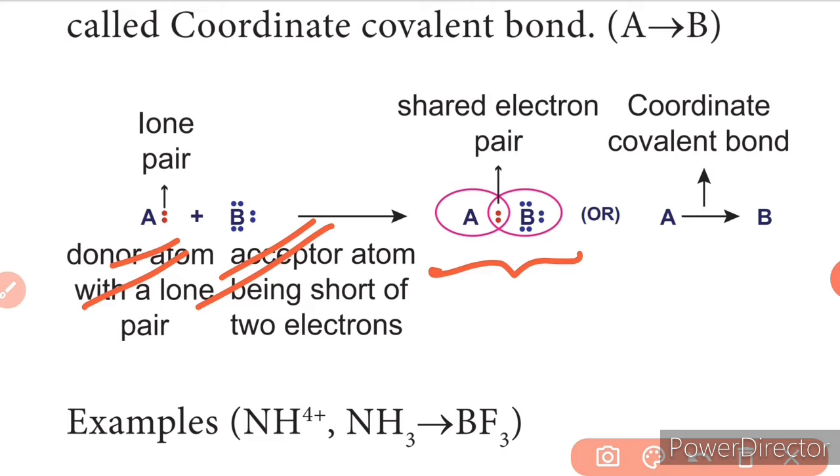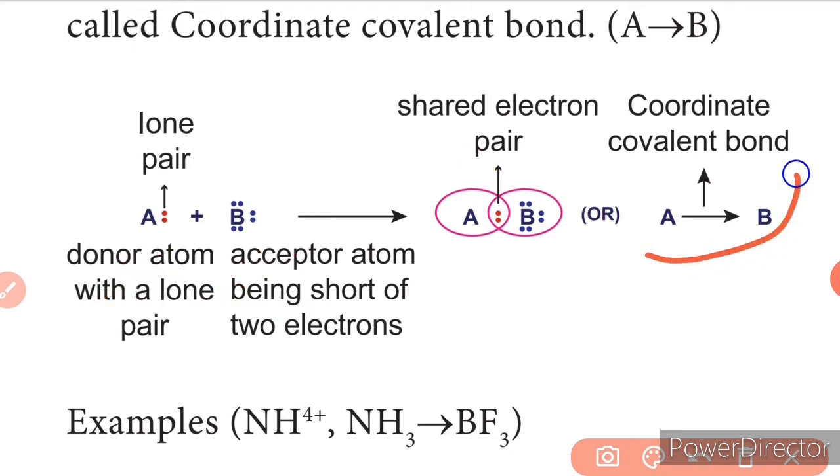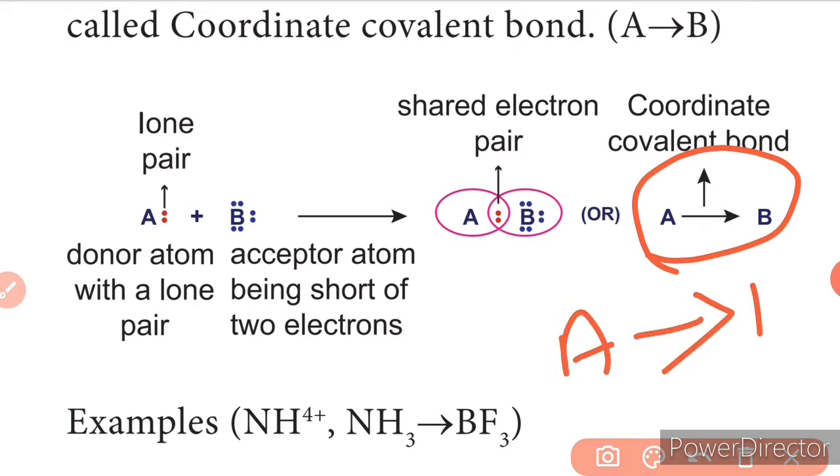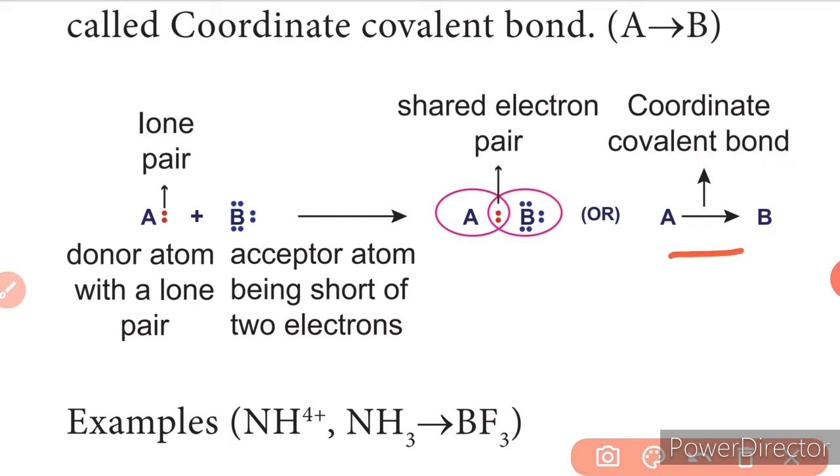The atom A donates a lone pair of electrons to atom B so that B can attain the stable electronic configuration, right? Now, how is the bond represented here? A is donating a pair of electrons to B, isn't it, children? So, it is denoted with an arrow mark.